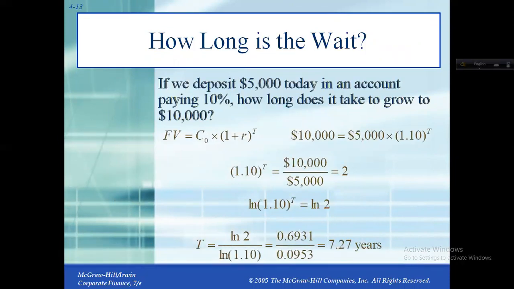We put all the known values in the future value formula: future value equals C0 times (1 plus R) to the power T. So 10,000 equals the present value 5,000 times (1 plus R) to the power T. We do not know T. By taking ln, we get T as 7.27 years.